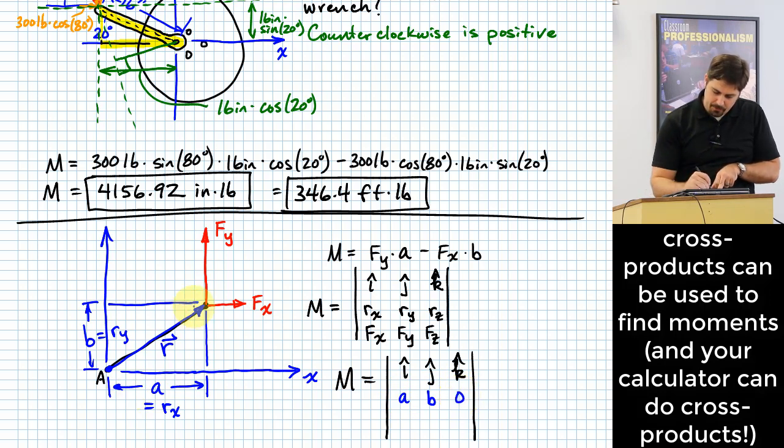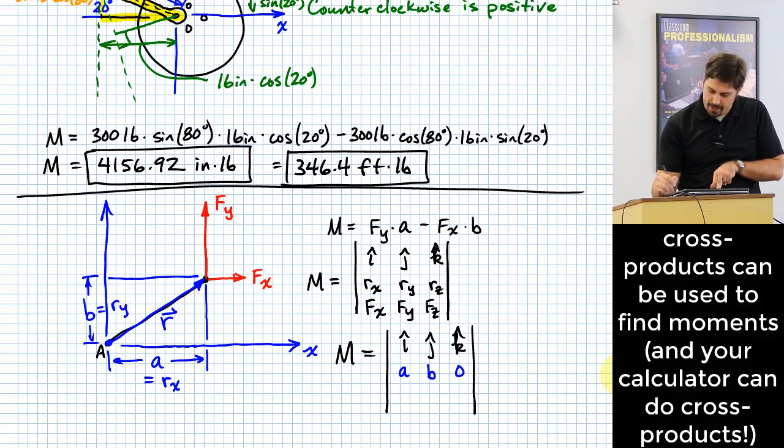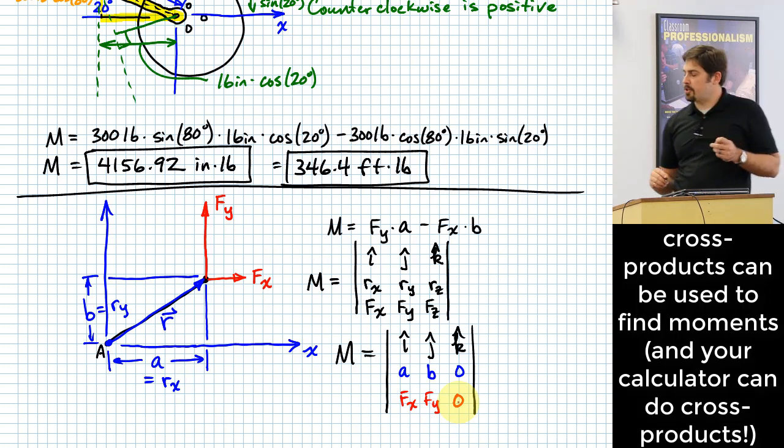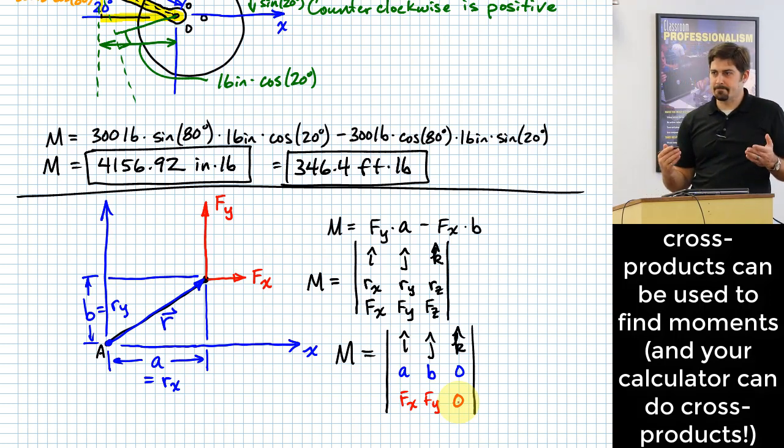And what do we put in for the Fx, Fy, and Fz? We'll put in Fx, Fy, and 0.